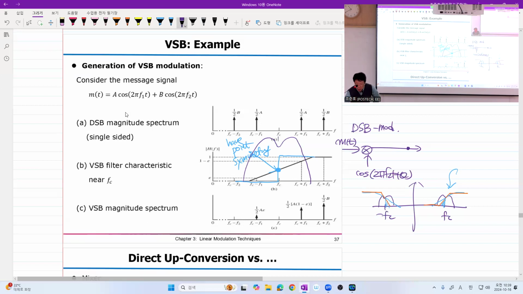And as you see from here, even though this part is emphasized and this part is de-emphasized, in the negative frequency domain you have the same signal with conjugate symmetry and the same bandpass filter having point symmetry. So here, now, this part is emphasized and that part is de-emphasized.